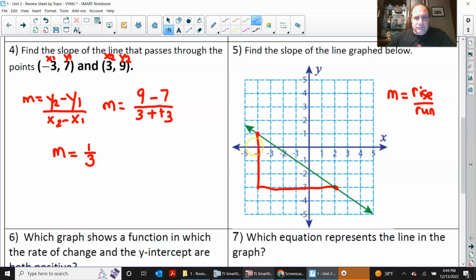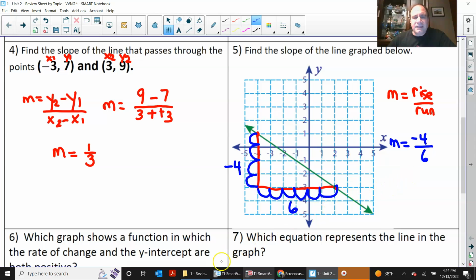And then I'm going to count 1, 2, 3, 4. Since I'm going down, that's a negative 4. I'm going to the right here. 1, 2, 3, 4, 5, 6. So my rise is negative 4. My run is 6.